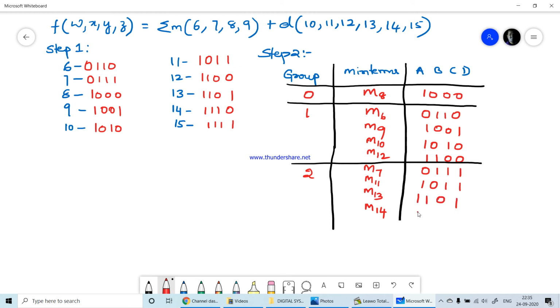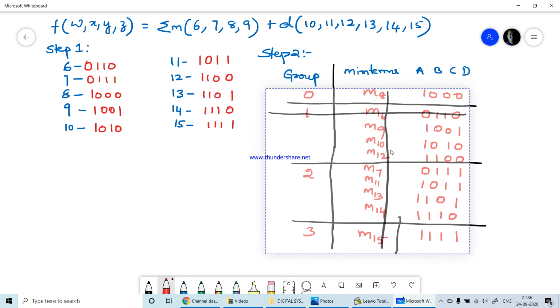And M14 is 1, 1, 1, 0. Then we have the next group, which is the final group, the third group, which has M15 only, with all ones. So this is step 2.